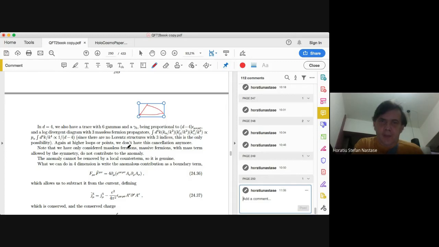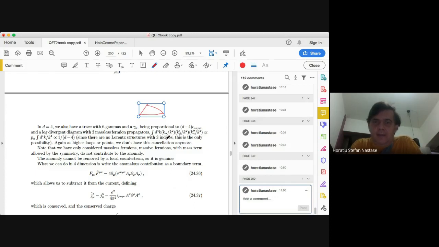And it was important that we had massless fermions, because if you have massless and massive fermions, here we considered the chiral symmetry, and for this particular chiral symmetry, the mass term was not even allowed by the symmetry.